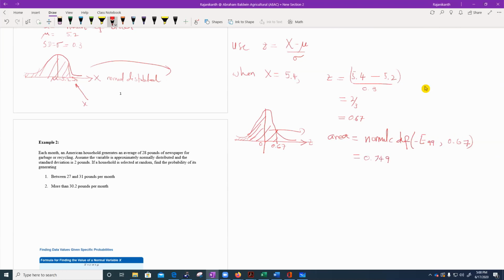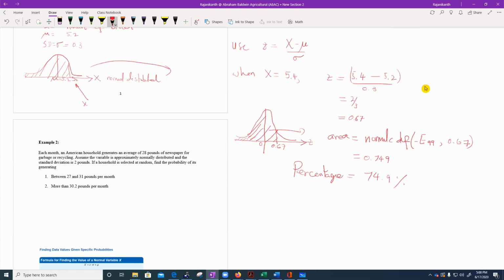Okay, so this is the area, but they are asking for a percentage. If you want to change the number to a percentage, simply multiply by 100. So multiply this answer by 100, and you will get 74.9 percent. What does that mean? That means 74.9 percent of the people will have a blood level less than 5.4.